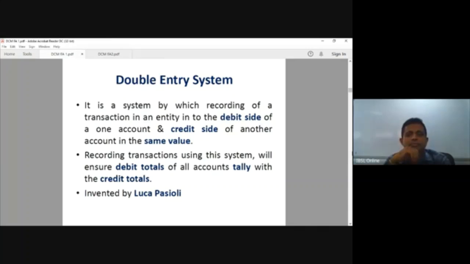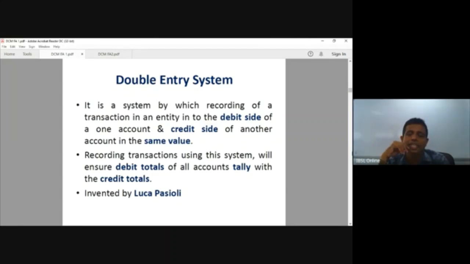If I define it, in accounting you take a transaction, you take the value of the transaction, and you debit that value to one account. Similarly, you credit that value to another account. Then after some time, the debit totals and the credit totals will tally.